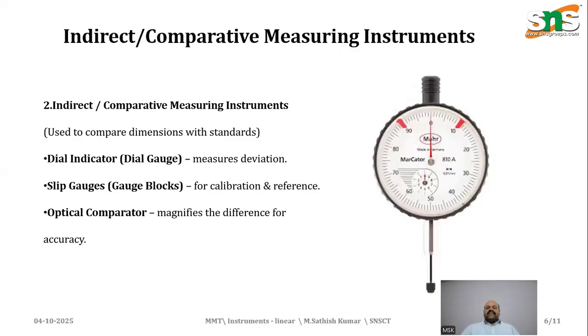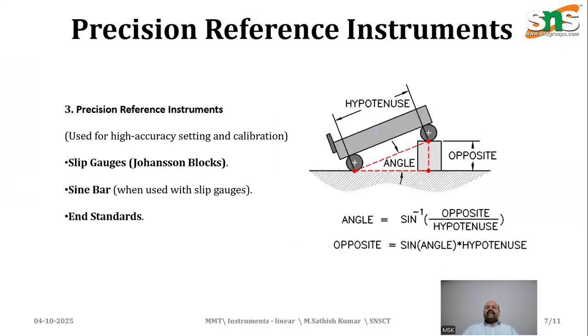The second classification is indirect or comparative measuring instruments. It is used to compare dimensions with standards, like dial indicator, slip gauges, and optical comparator. As the name indicates, it gives only the variation of the dimensions, not the direct reading. The third classification is precision reference instruments.